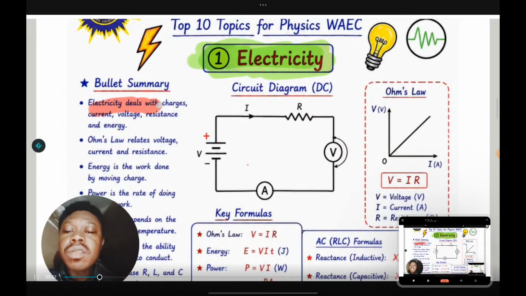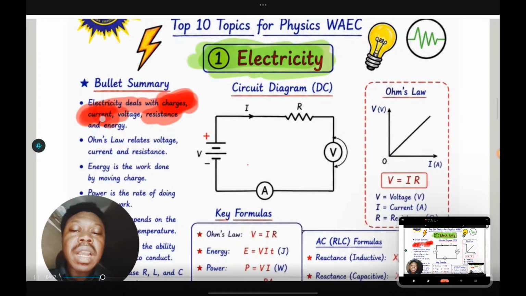Now, electricity deals with charges, current, voltage, and resistance. When you have charges, it's just like there is no motion. When these charges begin to move, we call them current. Charges in motion are called current.